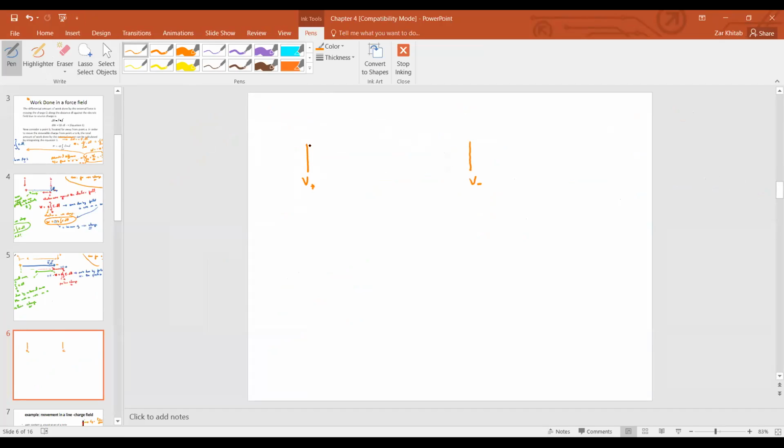Of course, V plus is made by positive charges. That's why you call it positive potential, and V minus is made by negative charges. So the electric field is in this direction. Okay, this is the electric field.